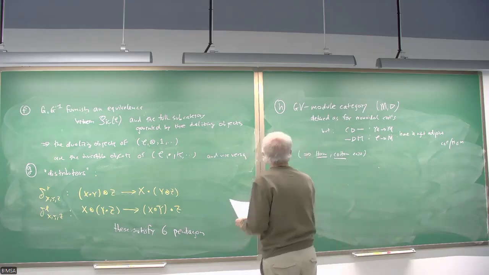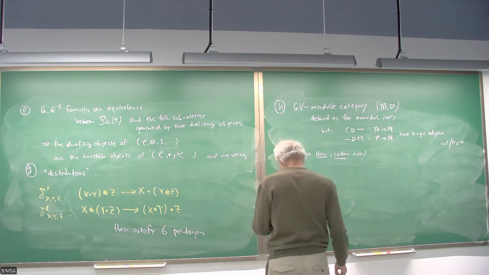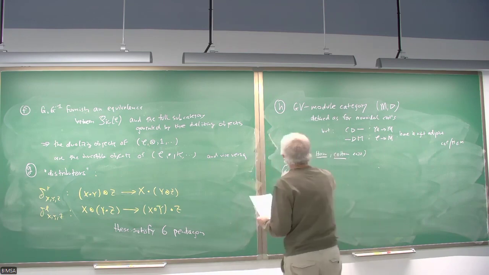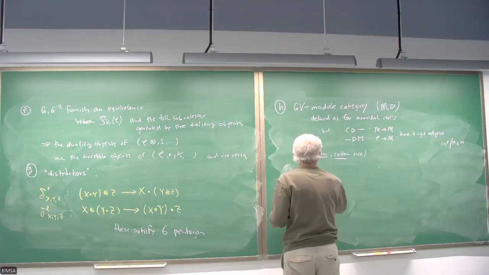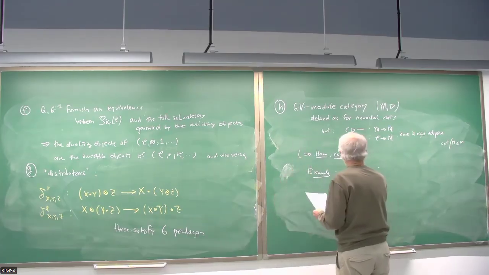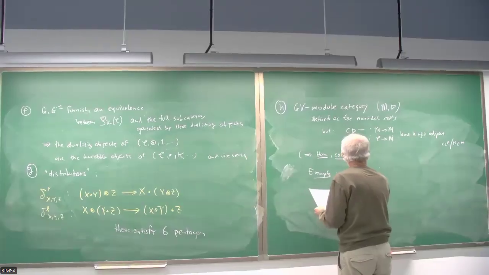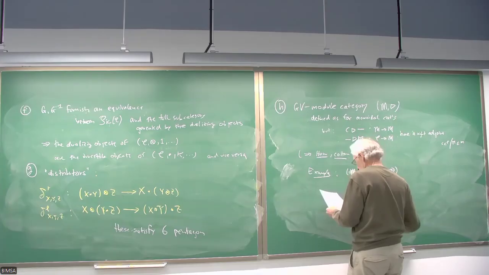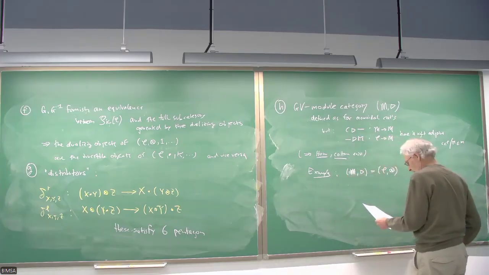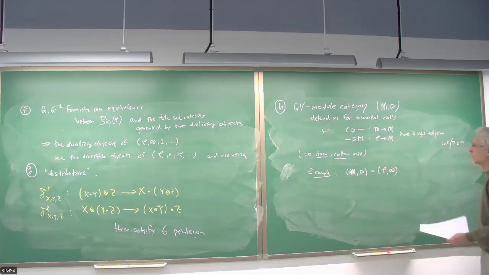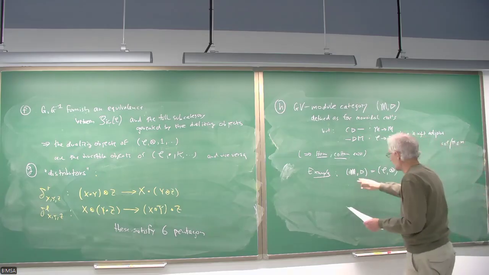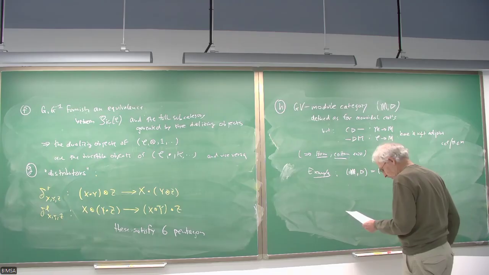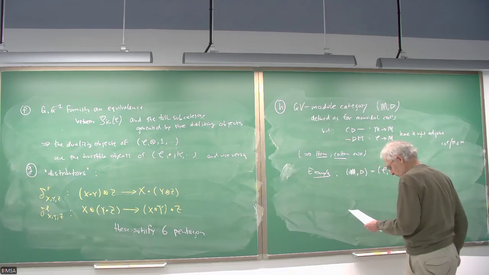And once we have this, maybe an example. If you look at the regular C-module, where we just use the tensor product, then we get, in the same way as usual, a module category.